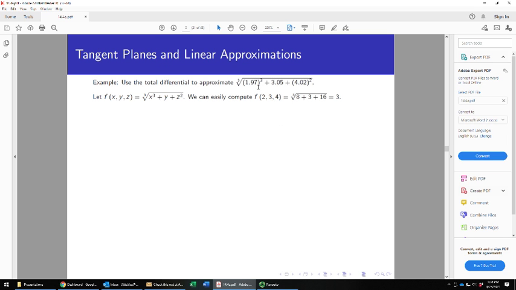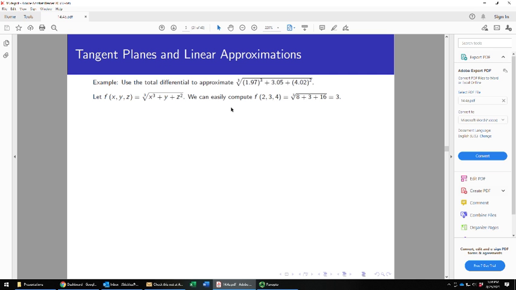The next thing I notice is each of those numbers are close to 2, 3, and 4 respectively. So I plug in 2 for x, 3 for y, 4 for z, and I get 3. This is what I meant by a point at which the function is easily evaluated.